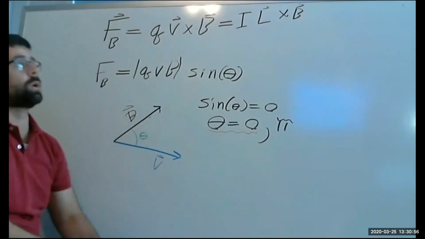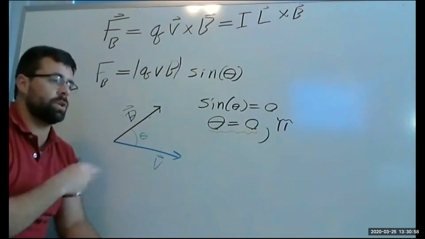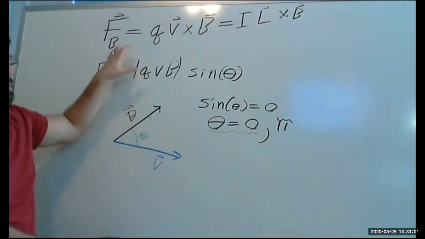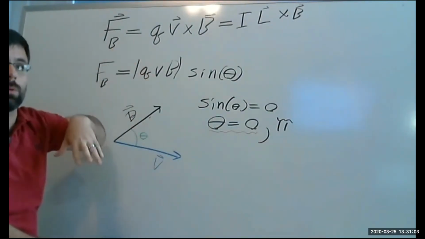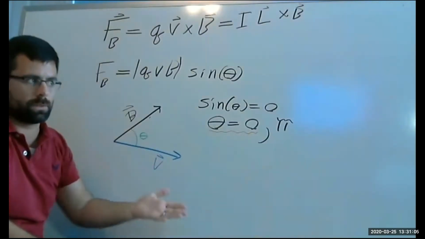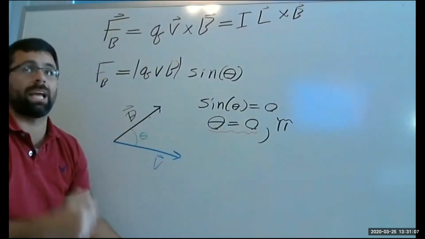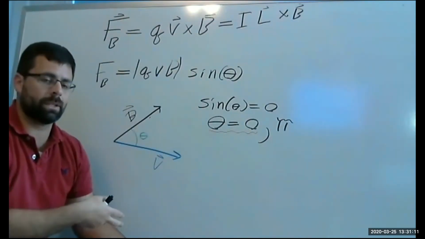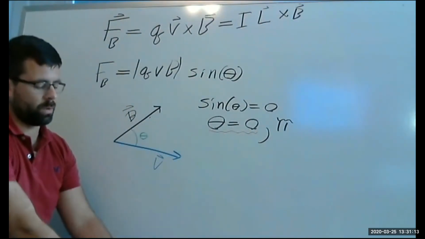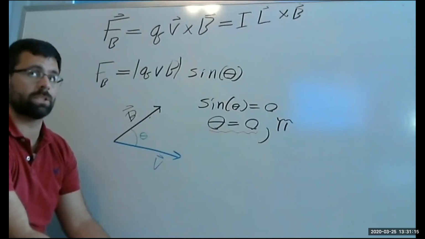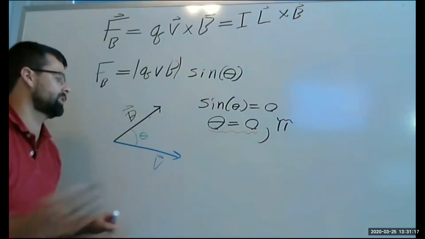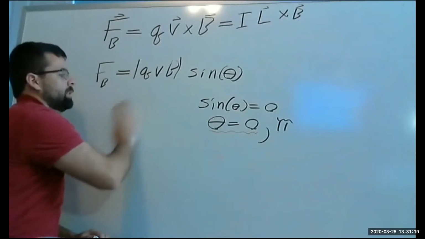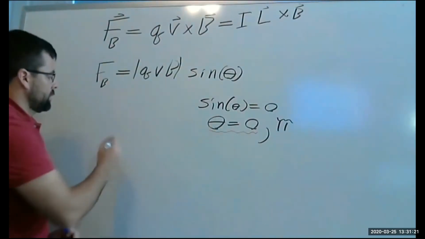So the other way you can make this force be 0, to state it a little differently, is you can have moving charges inside a field. If those 2 are going in the same direction or in opposite directions, then they won't interact. So I should probably write that down beside it.